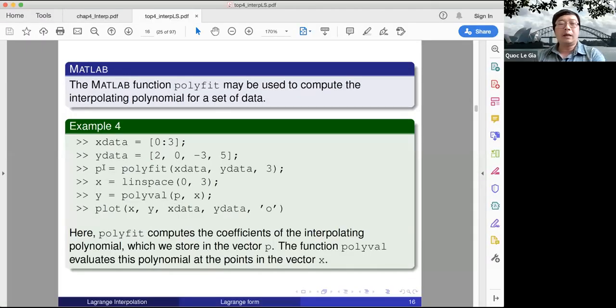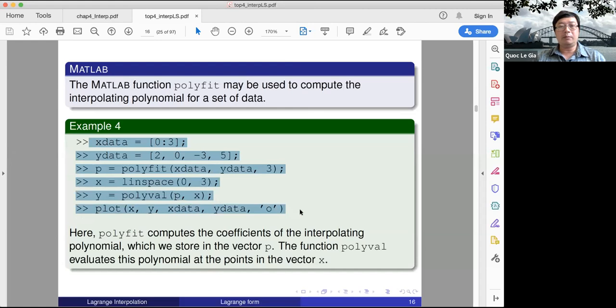So now you can try this one in MATLAB, okay? But then we don't see a lot of data put in. So you can put in this data. I can cut and paste this one into my MATLAB and show it to you.